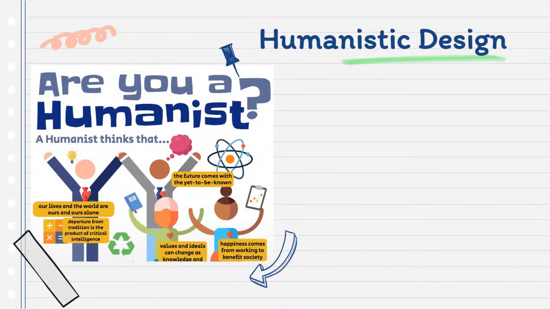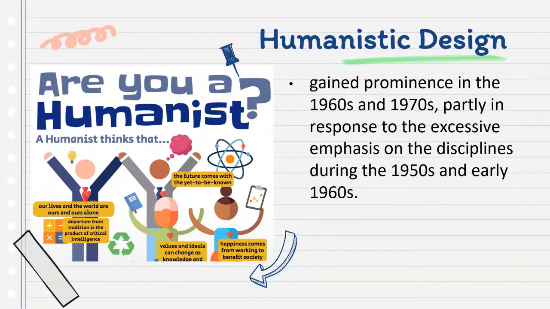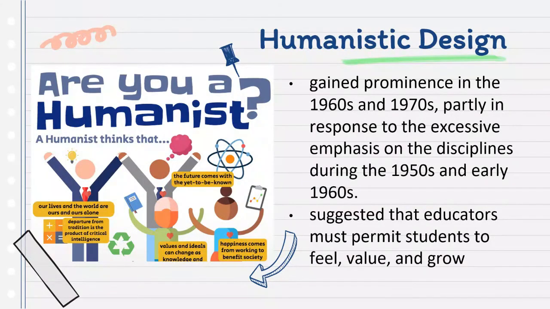Another type of learner-centered design is the humanistic design. It gained prominence in the 1960s and 1970s, partly in response to the excessive emphasis on disciplines during the 1950s and 1960s. It suggested that educators must permit students to feel, value, and grow.